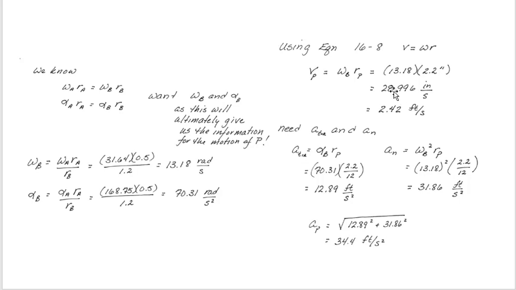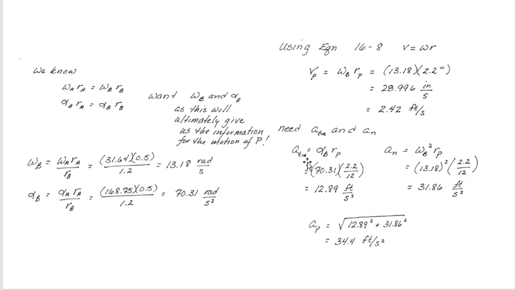Initially I've done this in inches per second, and you'll see that down below I'm going to go ahead and make that conversion to feet, because our common units are feet per second and feet per second squared.